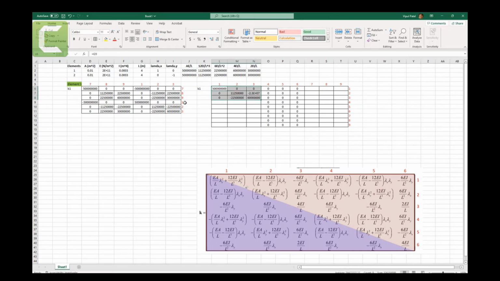Because you can see rows 1, 2, and 3. So 1, 2, 3, 1, 2, 3. You can check this 3 by 3. So that is perfect. 4, 5, 6 are 0, so let's get 0, 0, 0, and 0, 0, 0. And then 1, 2, and 3, 4, 5, 6 are 0.